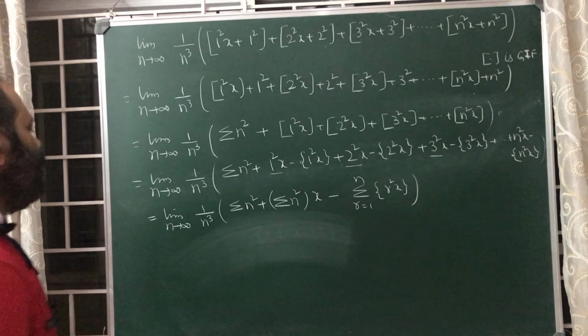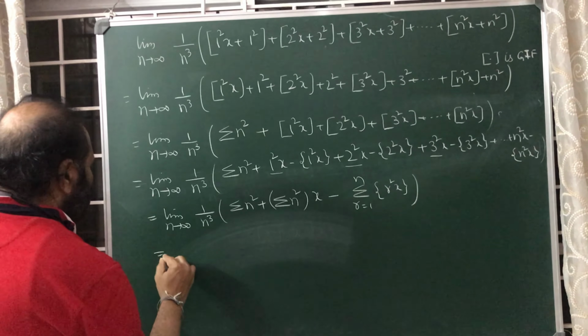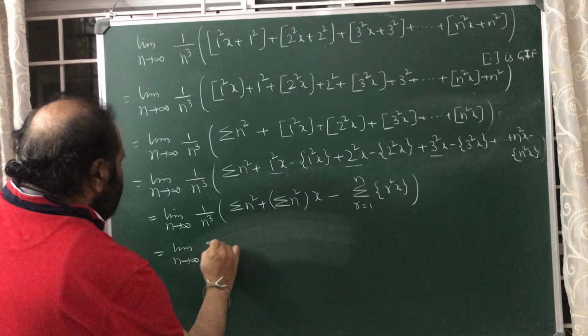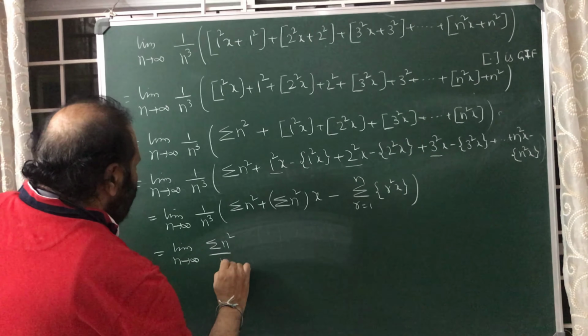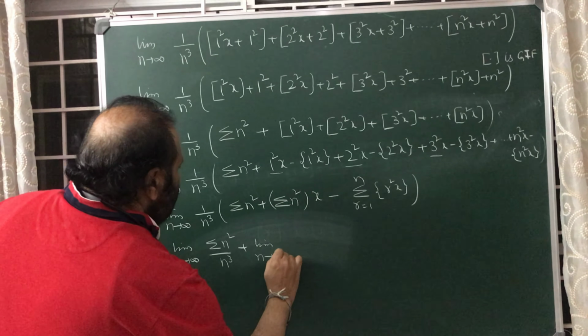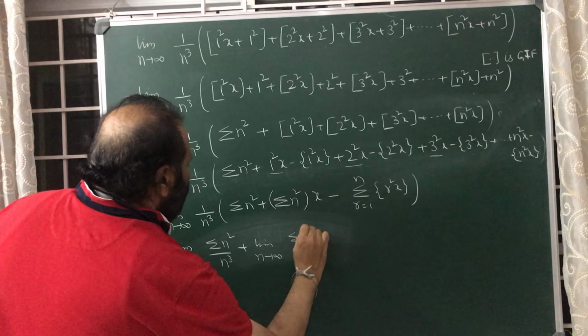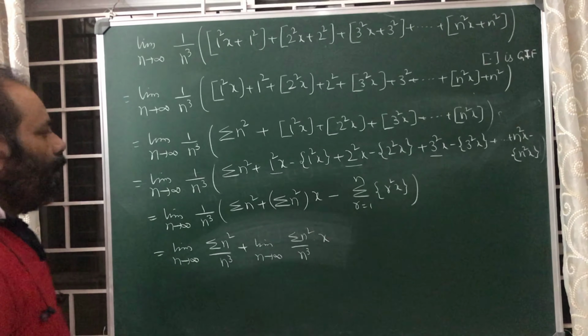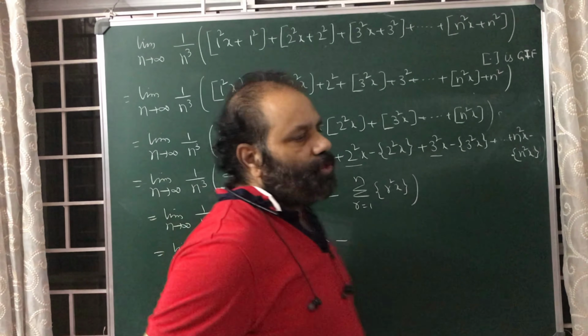Now I want to simplify each part. This equals limit n tending to infinity sigma n squared by n cube, plus limit n tending to infinity sigma n squared by n cube into x, minus the fractional part sum.